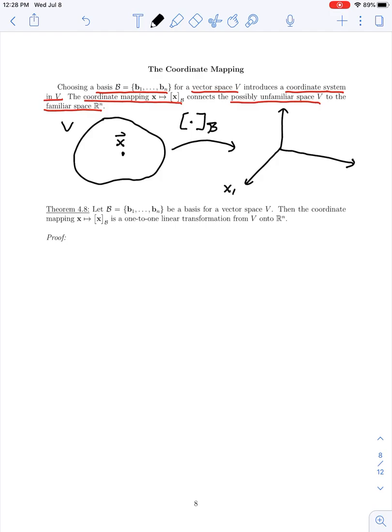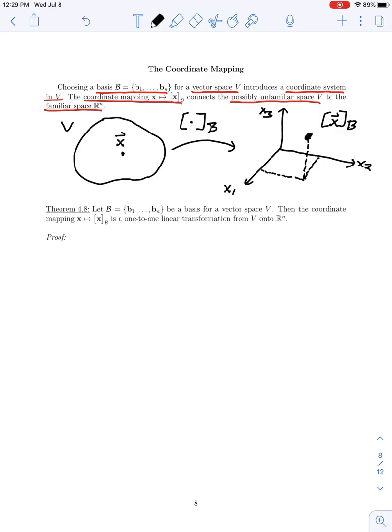Here maybe we'll draw it in x1, x2, x3 space. So we have associated some coordinate vector of x relative to the basis B, whose coordinates are given in terms of x1, x2, and x3.